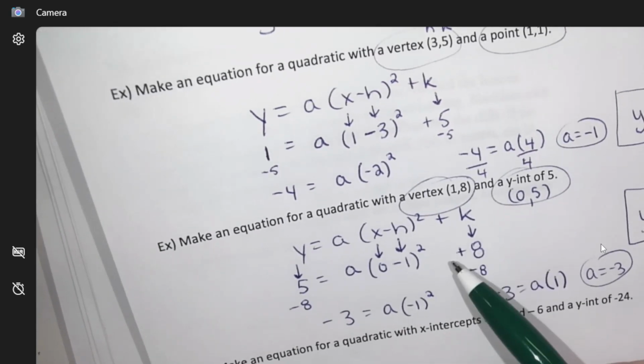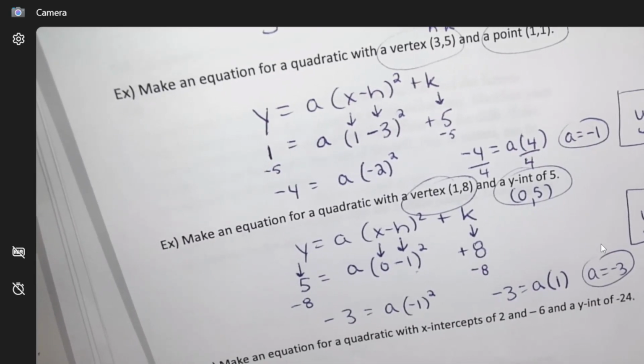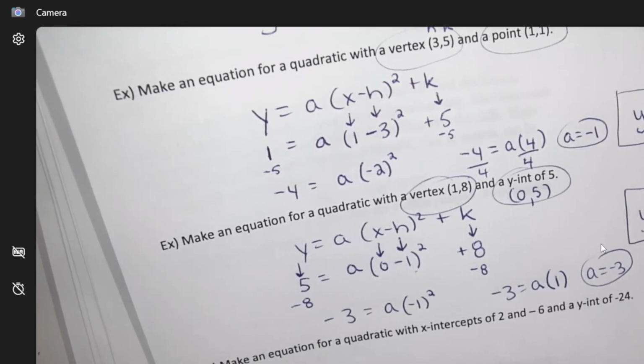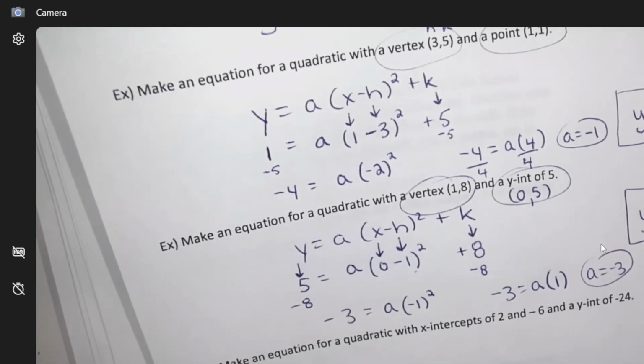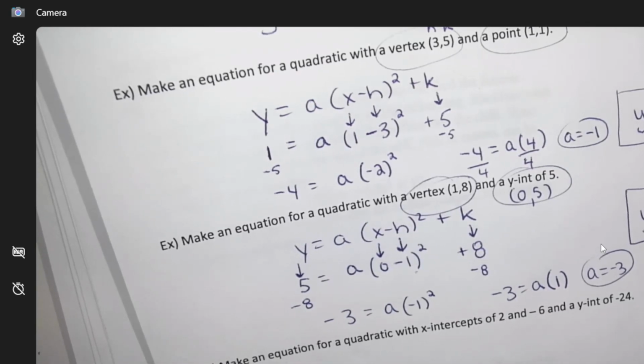We looked like we had a -1 and a +8. Slope, vertex. Okay, always tell me the slope and the vertex. And then you always can see this should be the opposite and this should be the same.